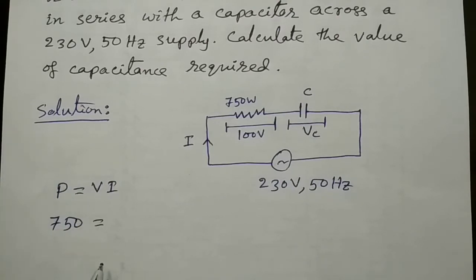The voltage across the bulb is 100, it is given. So we can find the value of current. So here the current will be 7.5 ampere.